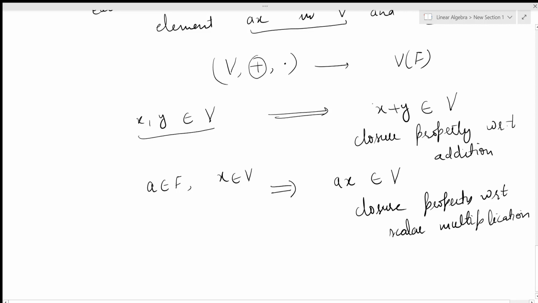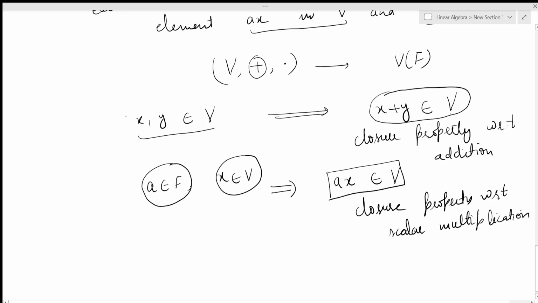The first happens internally: two elements belong to V and their addition also belongs to V. The second is external: one element belongs to the field, one element belongs to the vector space, and the multiplication belongs to V. So these two are the standard properties.